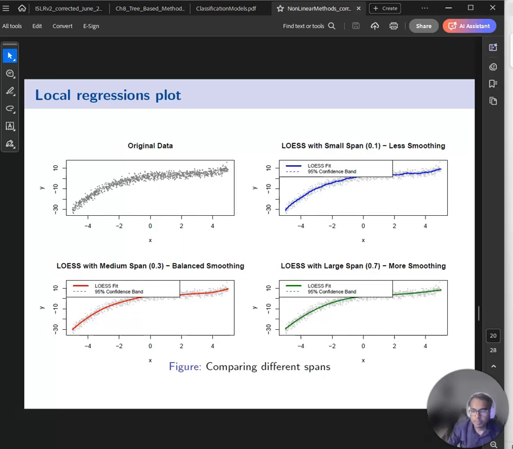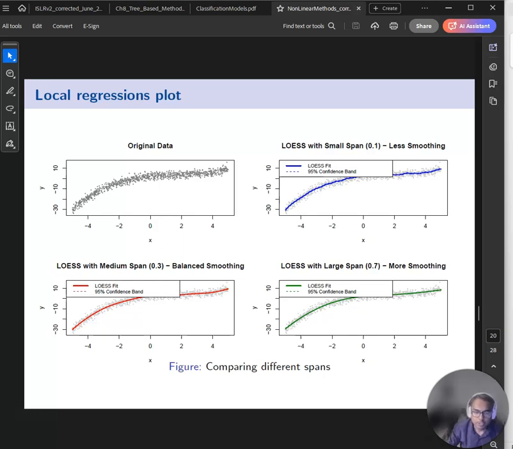If you look at these plots, you can see the effect of different span settings in local regressions. In the top left, we have the original data. With a small span of 0.1 in the top right, we are only using 10% of the data for each local fit. This creates a more wiggly curve that closely follows the data points, including potentially fitting the noise.